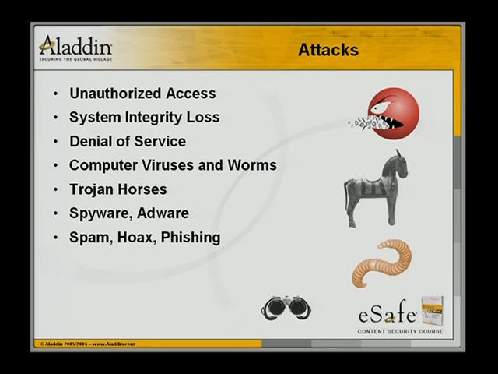Another type of attack is spam, hoax, or phishing. Spam is basically an email you get which you're not supposed to get. It's mainly advertisements for Viagra or all kinds of products that you didn't really ask for, but a lot of spammers send it in the hope that you're going to buy their products.